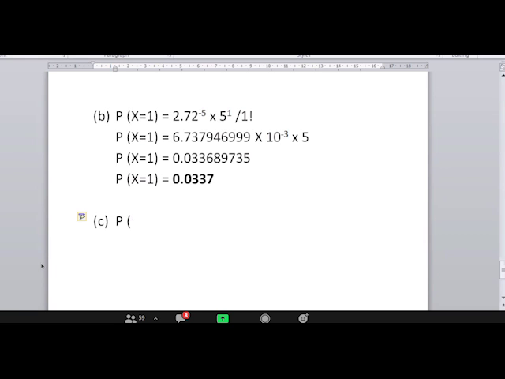So the probability that x is greater or equal to 2 is given by 1 minus, then we open the square brackets, probability x is equal to 0 plus probability x is equal to 1. I close the brackets. Okay, so what do we do?